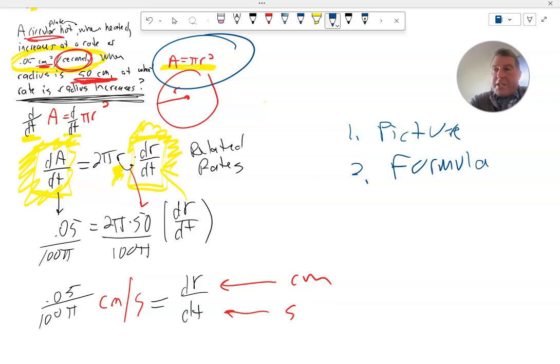This problem that I just did has an area of a circle and the radius of a circle. Most of the time it's fairly obvious, not always. Then I want to differentiate with respect to t, time. This is where we become calculus magicians. We impose rates on what is otherwise a boring formula, and then I plug and chug. I plug values in.